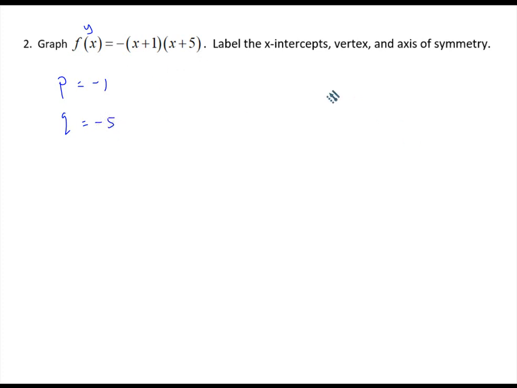Once you have your p and q values, let's make a sketch, right? So we have -5 and -1, right? So here are our x-intercepts at -5 and -1.